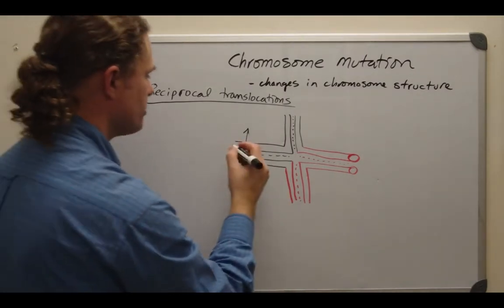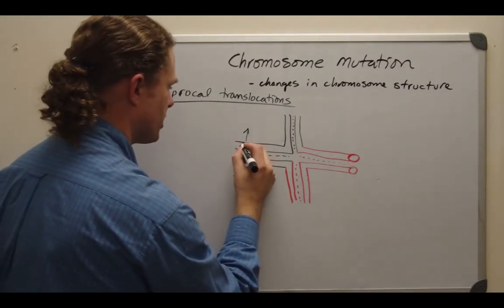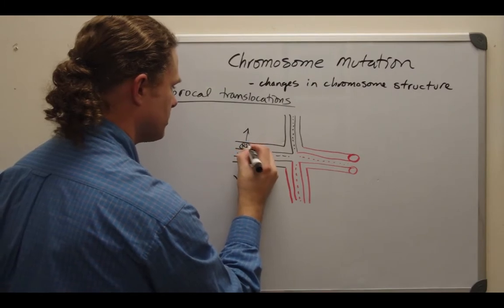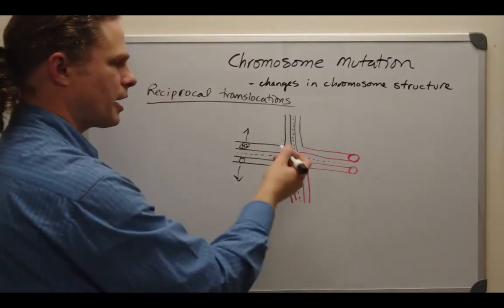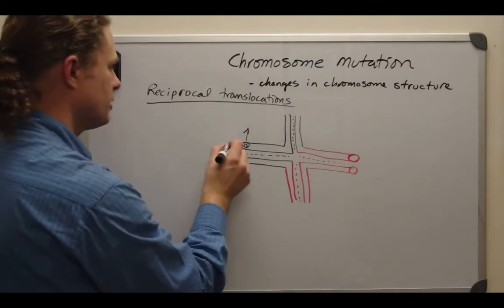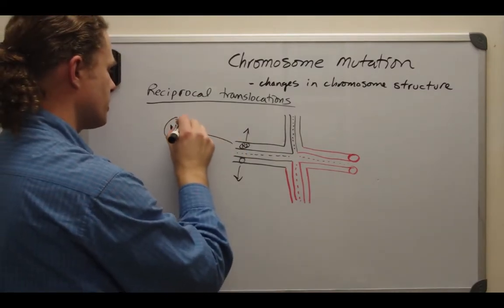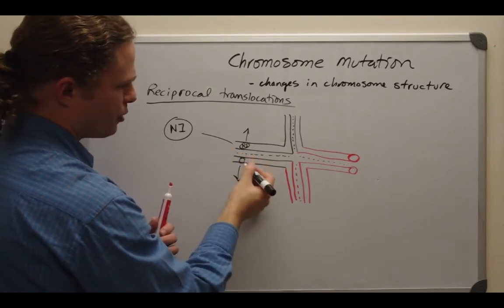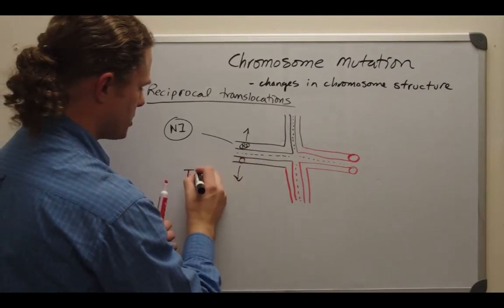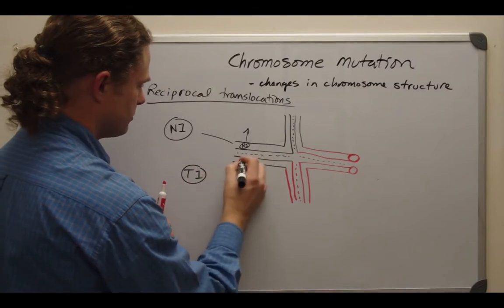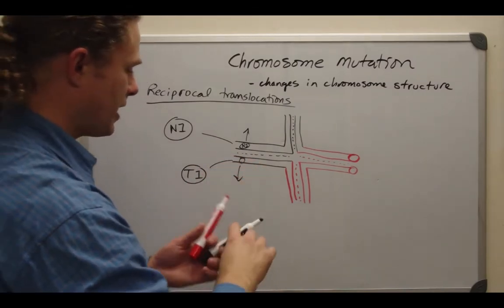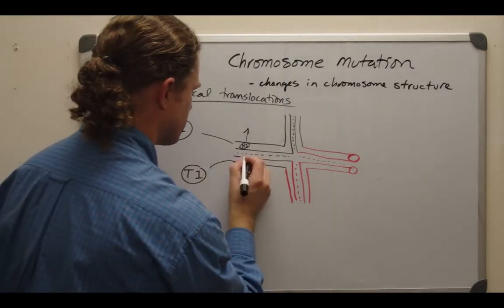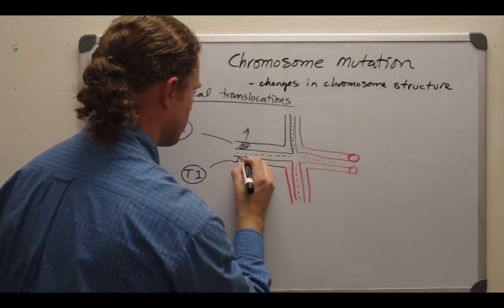Now, what we're going to do is we'll introduce some terminology here, and we'll actually start labeling centromeres. If I call the black chromosome chromosome 1, then I'm going to call that centromere N1. The translocated version of chromosome 1 I'm going to call T1, again, based on the centromere.